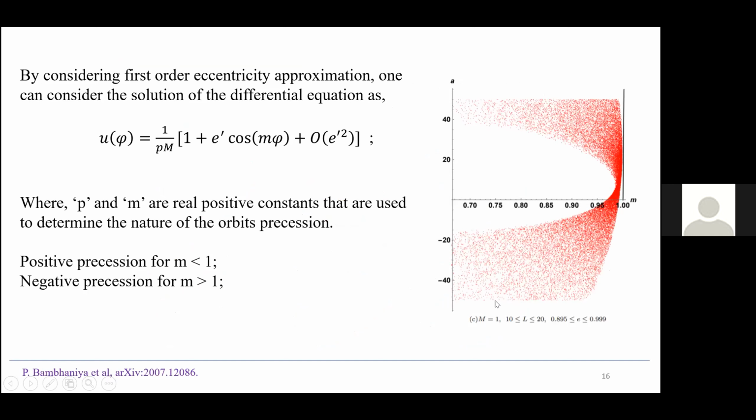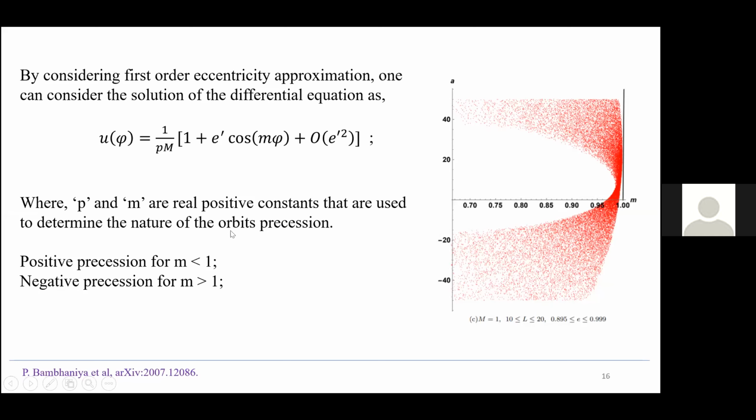Now, as we know, it is very difficult to solve the second order nonlinear differential orbit equation analytically. By considering the first order eccentricity approximation, one can take the solution of the differential equation as given here, where p and m are real positive constants, and they are used to determine the nature of the orbit's precession.